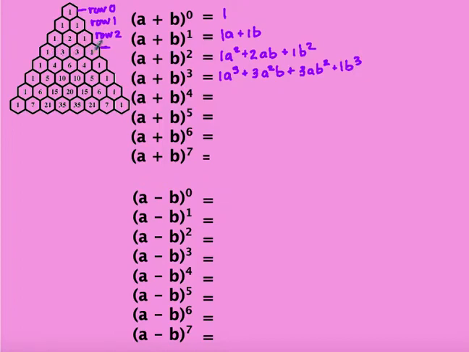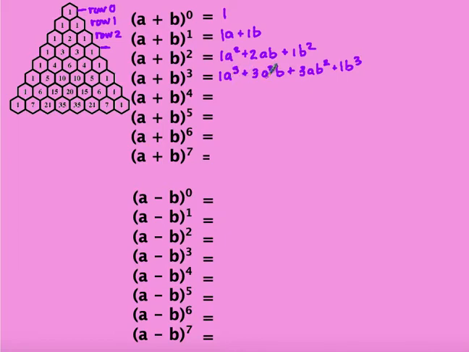Those become my coefficients. Then my expansion of my exponents always going to add to be 3. See, I have a cubed, I have a squared b, that's 3, ab squared is 3, and b cubed is 3. But what's happening here is I'm going to start with my first variable, a, and I'm going to lower it each time.